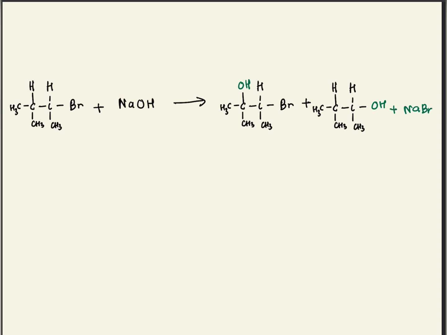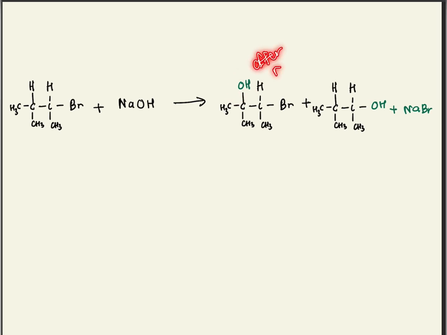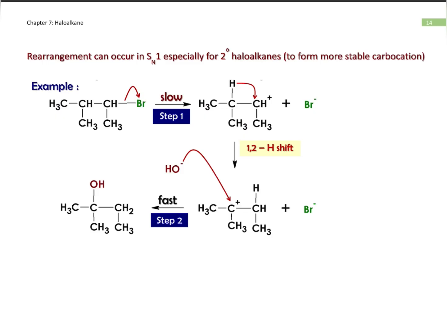So bila kita buat mechanism, okay, kamu akan form major product, OH di bahagian tertiary carbon. Okay, means after rearrange, kalau tiada rearrangement, okay, your OH will be at this secondary carbon, and NaBr adalah your side product. So how is this?